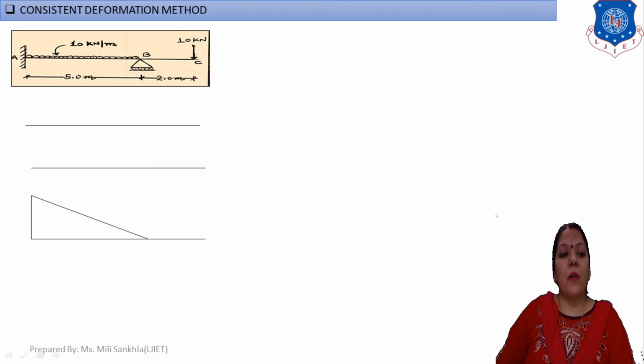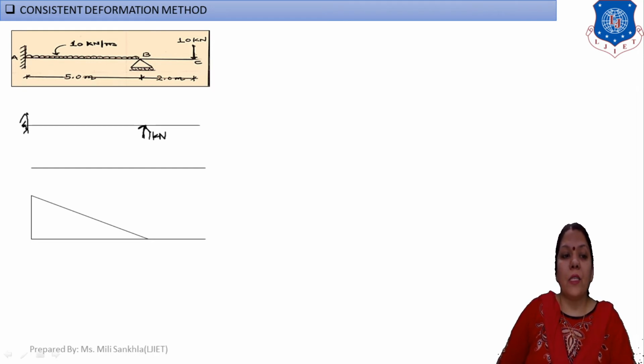First of all, remove all types of UDL load and this point load from the given prop cantilever beam, and, taking care, apply a 1 kilonewton unit load in the up direction at the point of the released redundant force, that means the released support reaction.